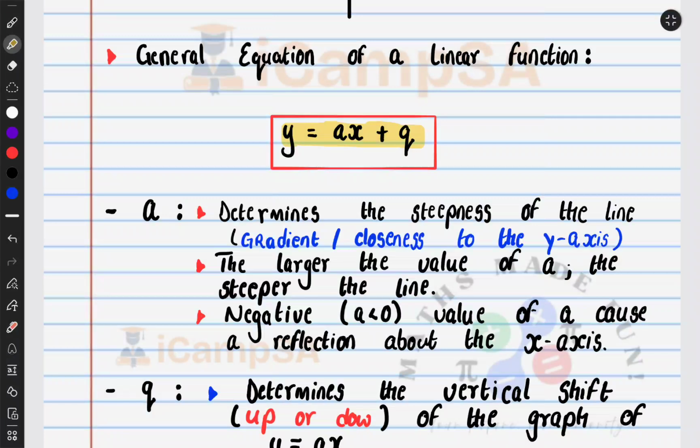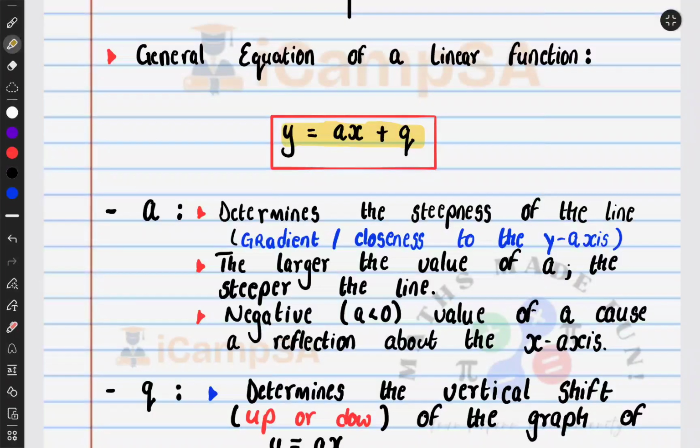So now we introduce two other variables, a and q, from that mother function of y is equal to x. Let's quickly determine what these two variables do.